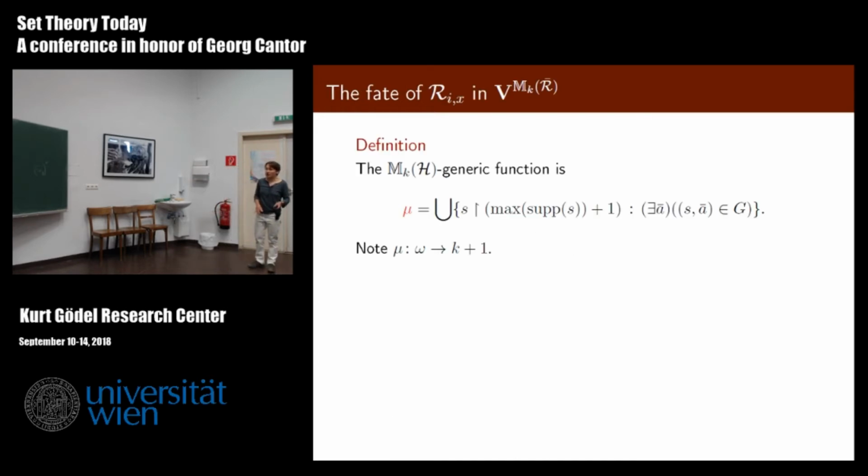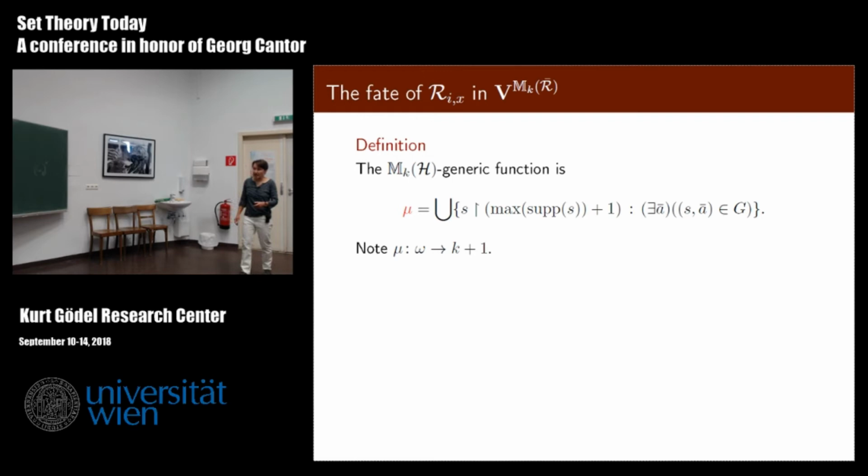And yeah, so now let's go with forcing. Now we have this notion of forcing, MK of H, and we take the generic real. First we take a very modest one. We take just the union of the stem. But it's a very good one because it now gives K values here. So it's like K infinite subsets of omega.